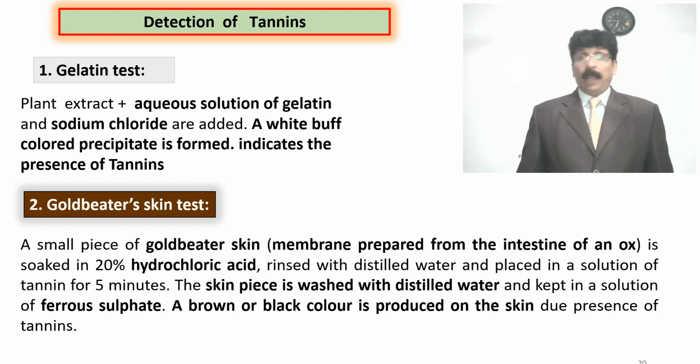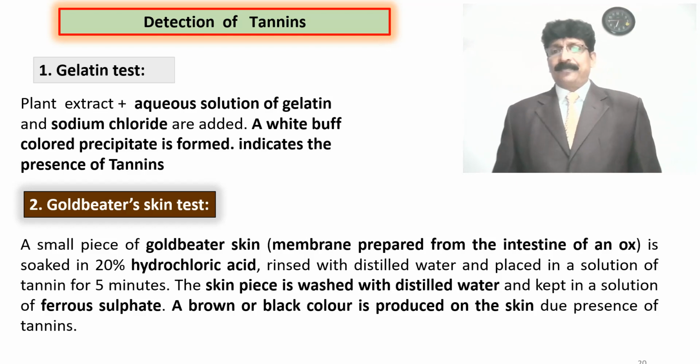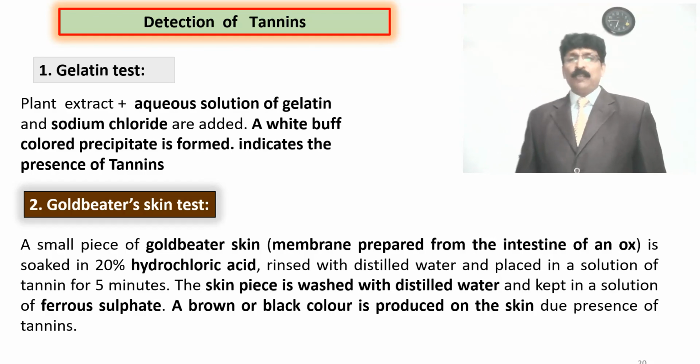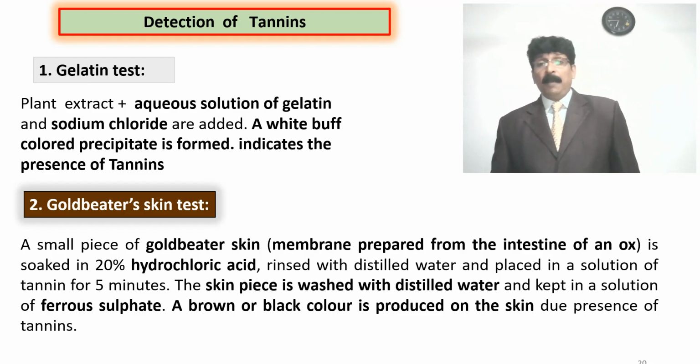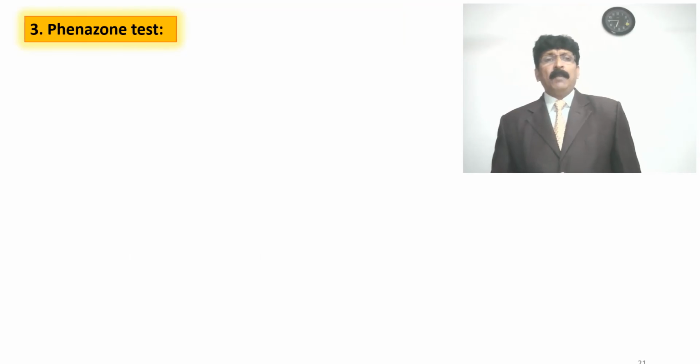A brown or black color is produced on the skin. This is due to the presence of tannin. So this is what you have to remember about the intestinal part, a membrane which is prepared from an ox. That should be remembered.